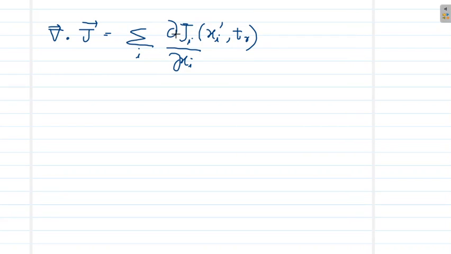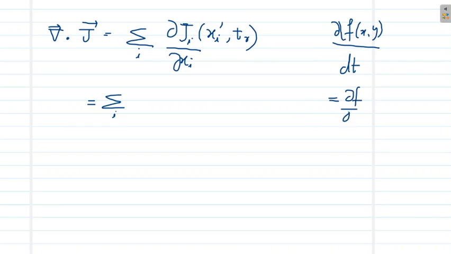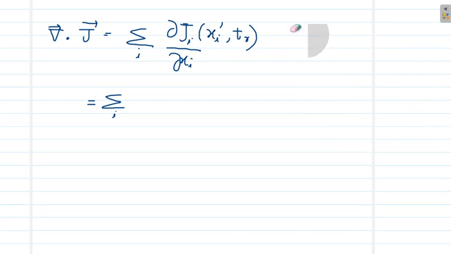So if we have to differentiate j with respect to xi, where j is a function of xi dash and tr, we do it like this. Maybe you have seen that if f is a function of x and y and you have to take the derivative with respect to time, how do you do that? We write dou f by dou x into dx by dt plus dou f by dou y into dy by dt, right?